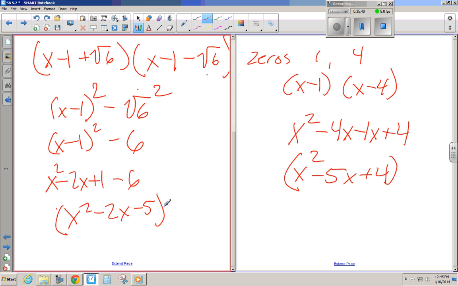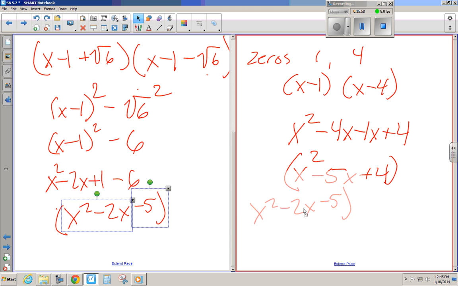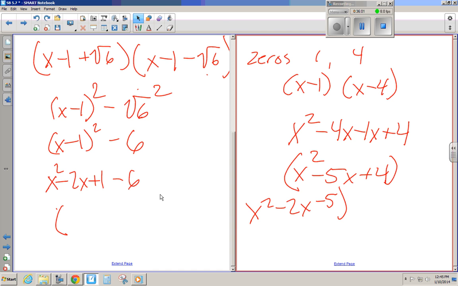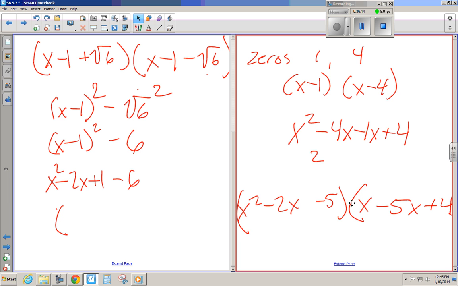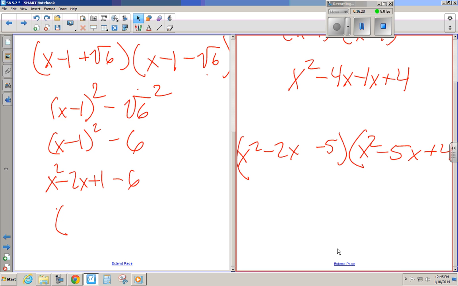And we know the other part of the equation. There you go. Now you should be able to multiply this out on your own.